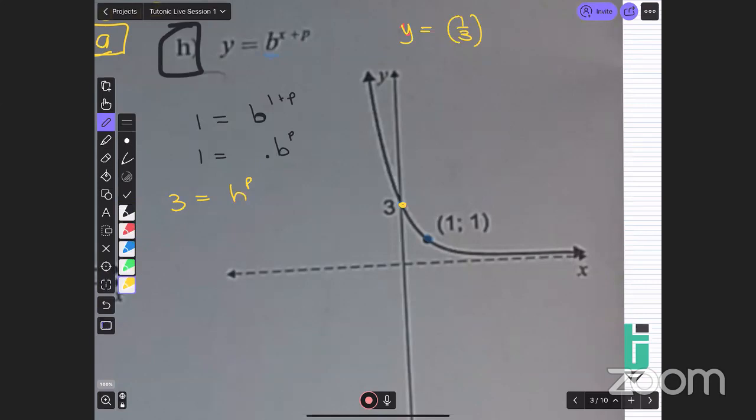And then we can work out p because we've got b to be 1/3. So 1 equals 1/3 to the power of 1 plus p. We could say that 1 is just 1/3 to the power of 0. So then p will equal -1. Right, p equals -1.